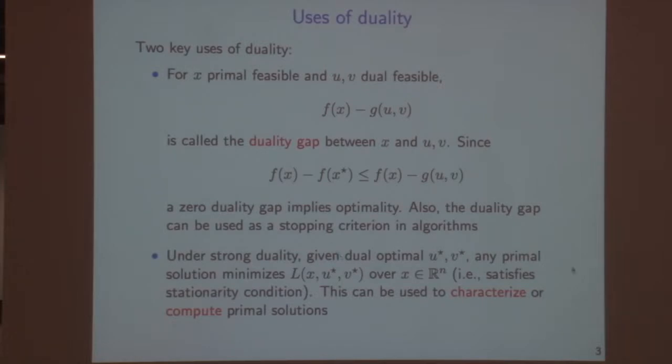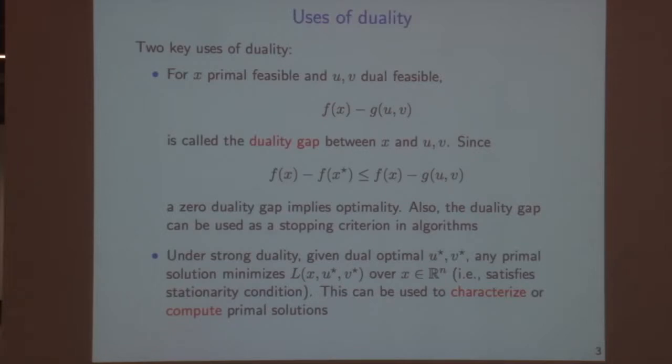Another important use of duality is not an algorithmic one, or maybe ultimately can be an algorithmic one, but it starts off as just a mathematical observation, which is that under strong duality, we know that the KKT conditions are necessary and sufficient.